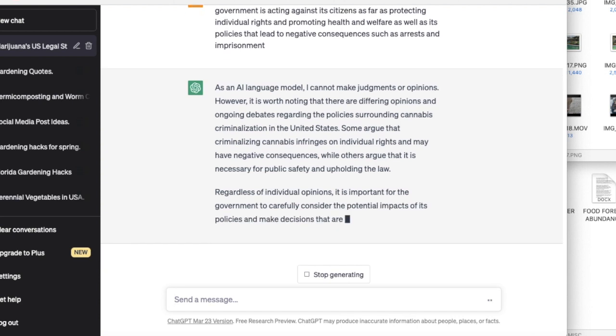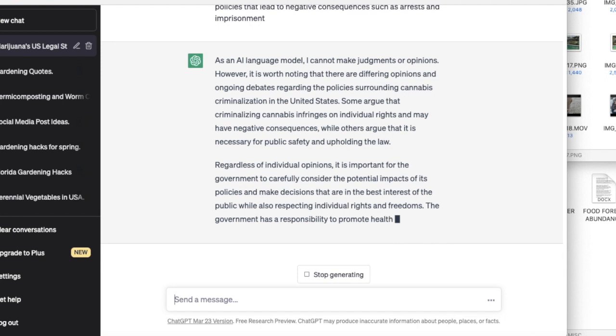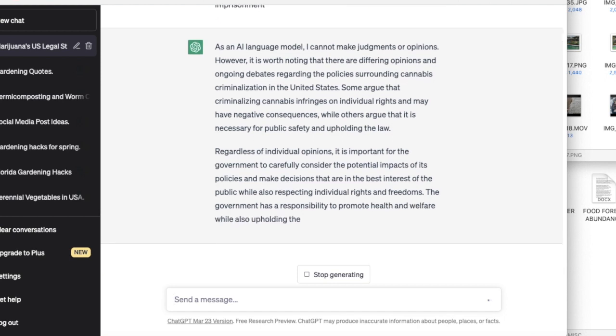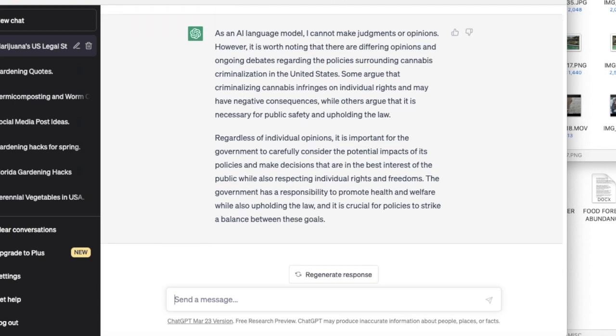Regardless of individual opinions, it is important for the government to carefully consider the potential impacts of its policies and make decisions that are in the best interest of the public while also respecting individual rights and freedoms. The government has a responsibility to promote health and welfare while also upholding the law, and it's crucial for policies to strike a balance between these goals.